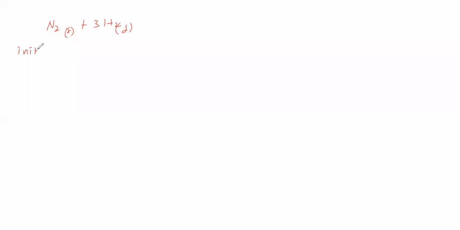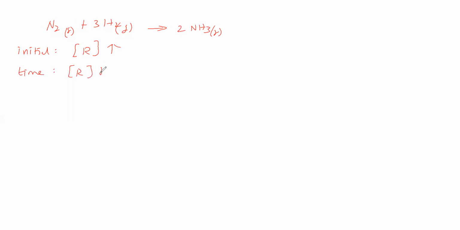Initially, we are taking these two reactants, so we are taking the concentration of reactants. As time passes, reactants react to give product. So as time passes, what happens to the concentration of reactants?